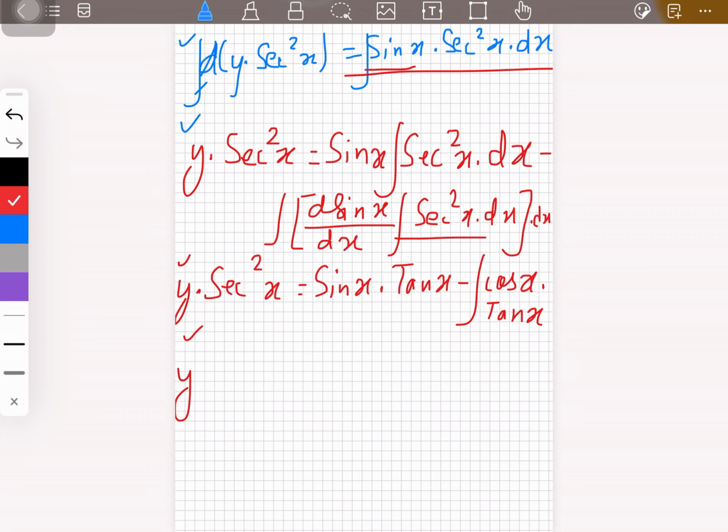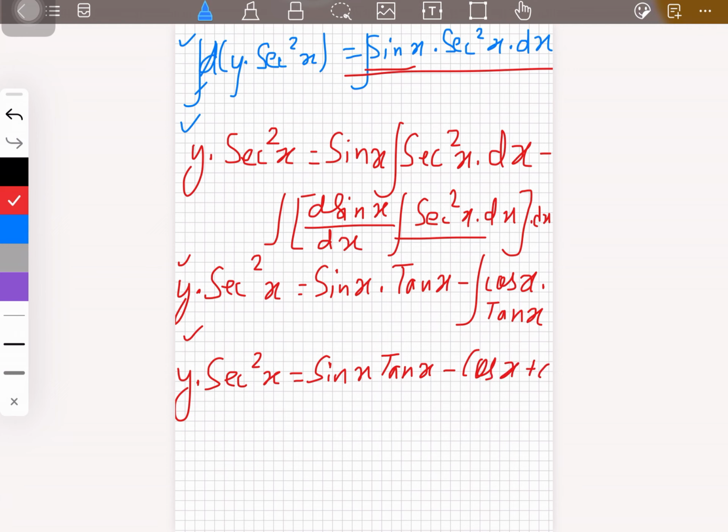Let's write this properly. y sec square x is equal to sine x times tan x minus the integral of cos x times tan x, which would be sine x, because tan x can be written as sine x over cos x. The cos x cancel each other out, and then the integration of sine x would be minus cos x plus c.